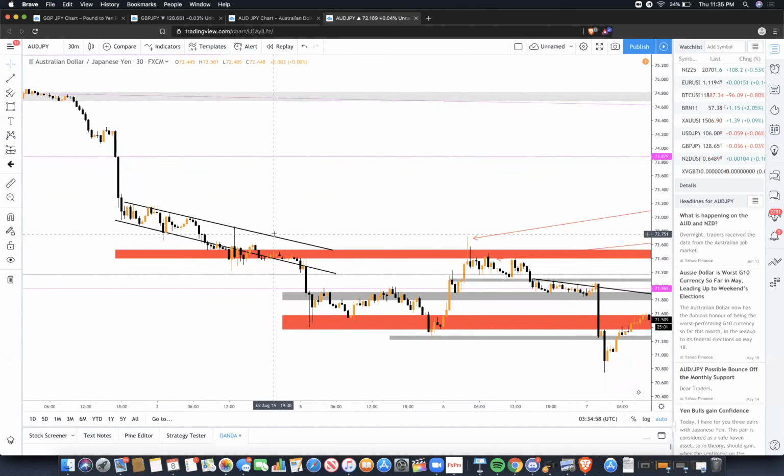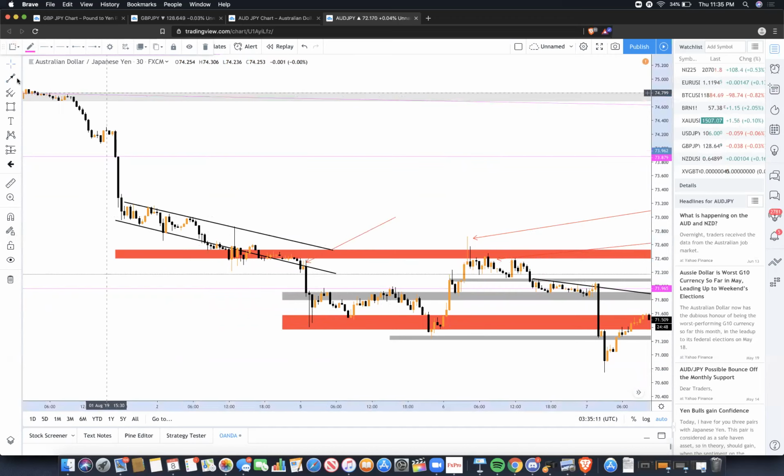See? So then the market came down, respected these zones, came up, and then this time, what happened? If this is a breakout, then this right here is the fake out confirmation, right?